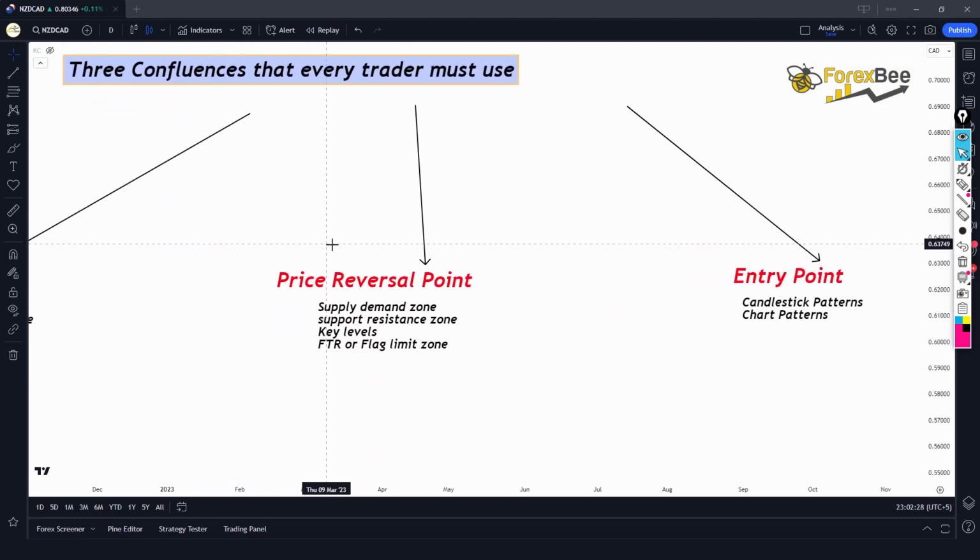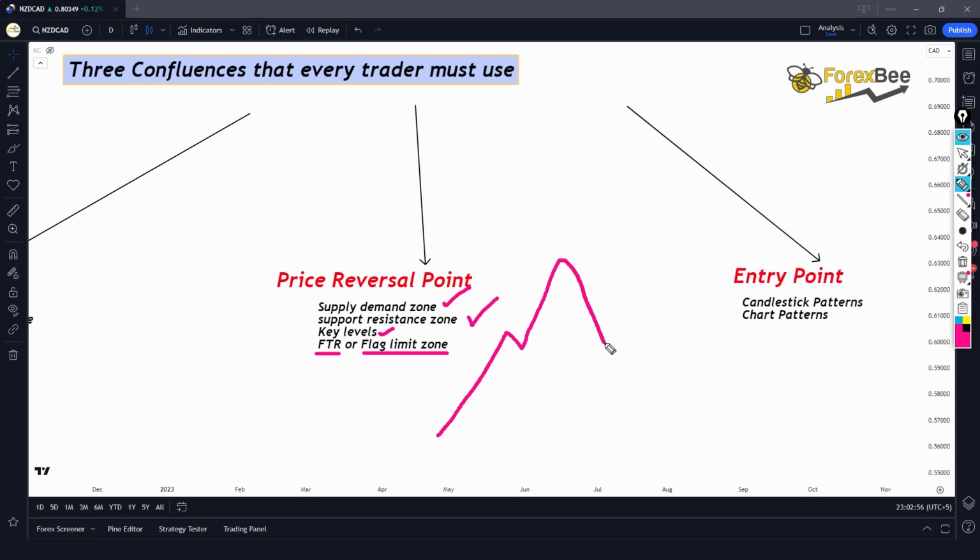The second thing that you need to pay attention to is the price reversal point. Those reversal points could be supply or demand zones, support or resistance levels, or any key level like FTR or flag limit zones. Let's imagine a scenario where the market made this impulsive move, and then the second thing we have to wait for is the retracement, so the market is retracing back.